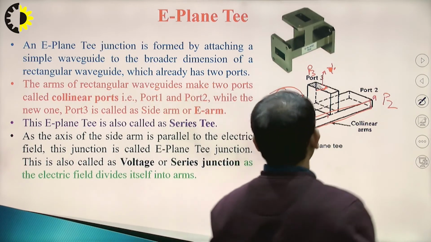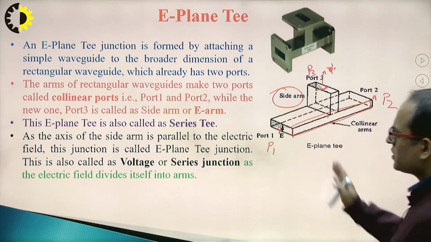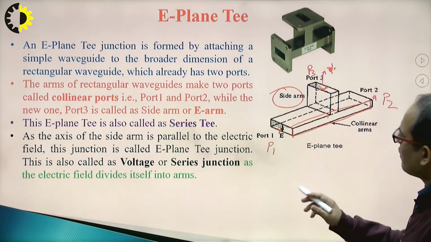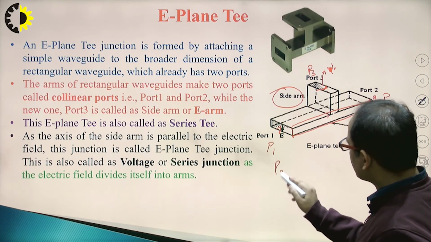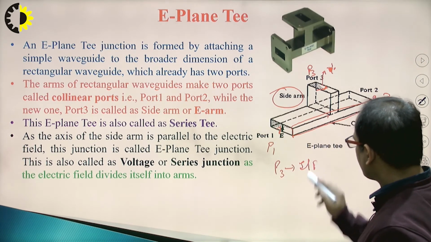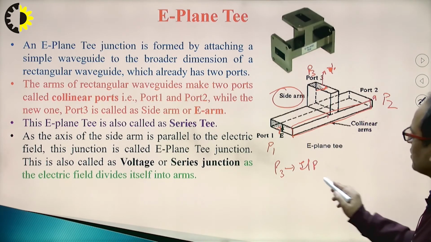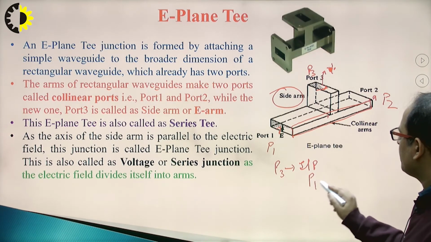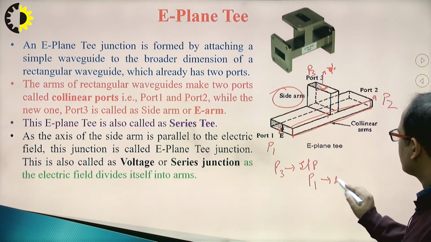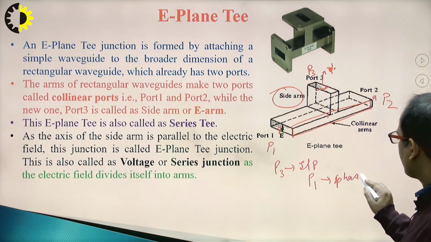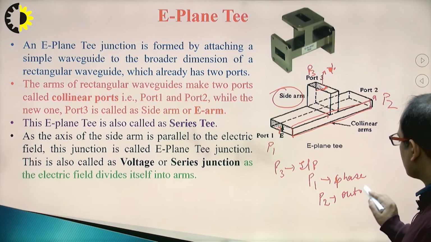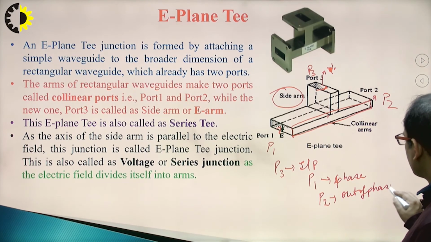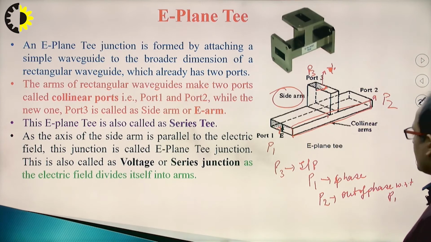Now, as we know, if I want to calculate the scattering matrix, what is the property of the E-plane T? That if I say P3 as an input, then P1 will have some phase and P2 will be out of phase with respect to P1.